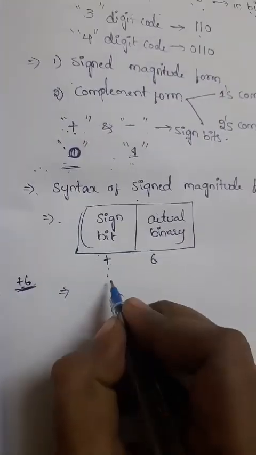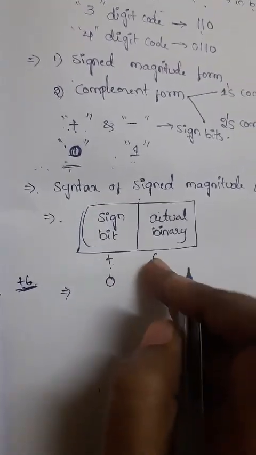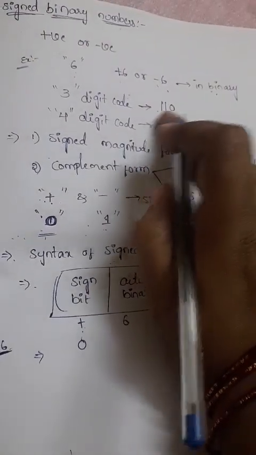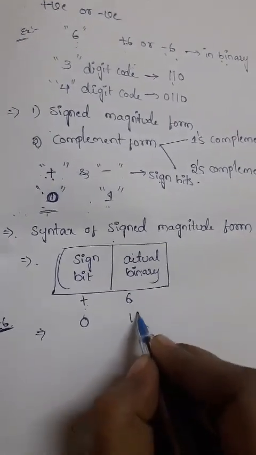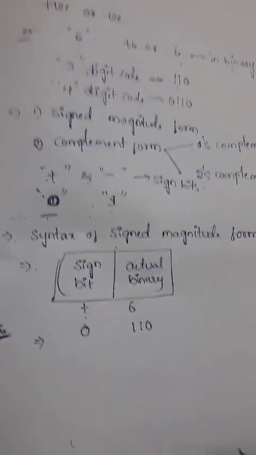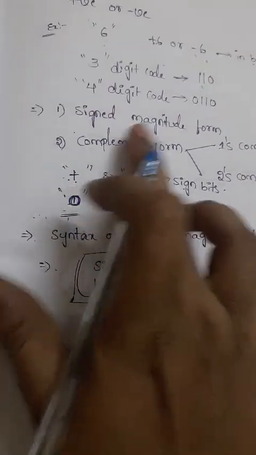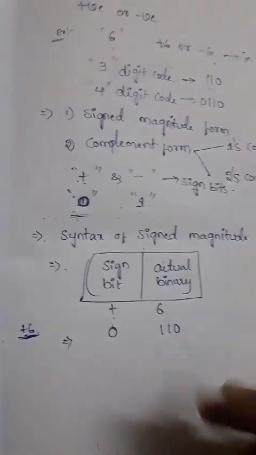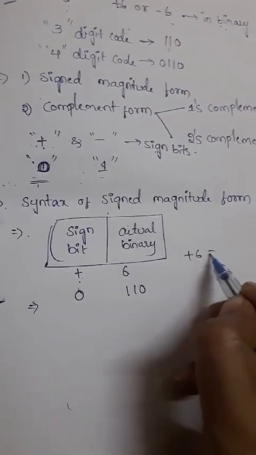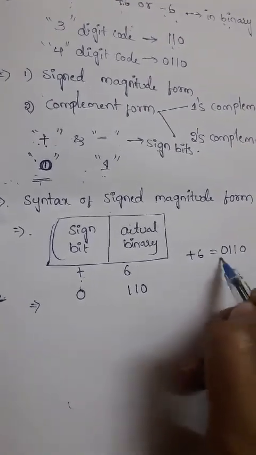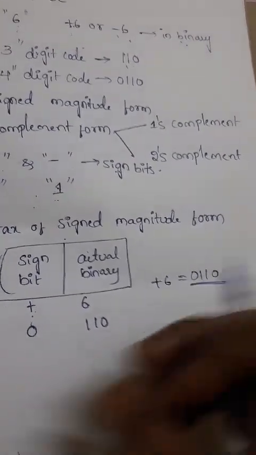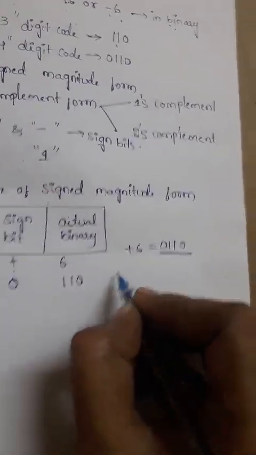So plus is represented as 0 in binary, and the binary number of 6 is 110. So finally plus 6 in signed magnitude form is 0110. Remember the point.